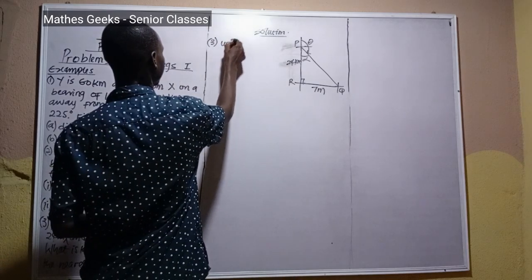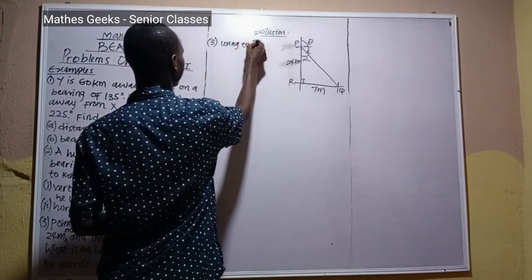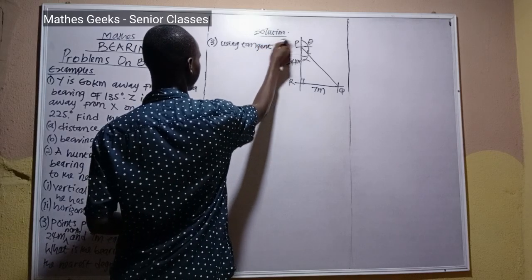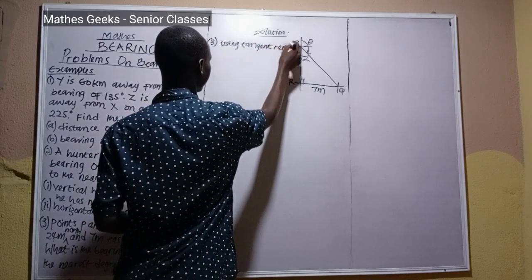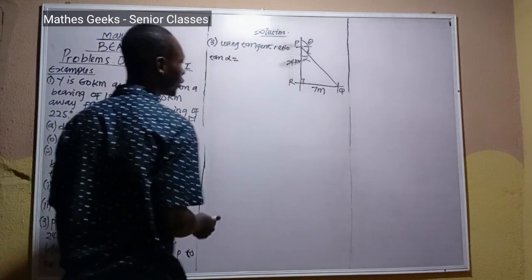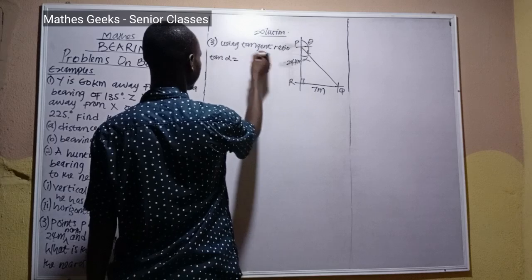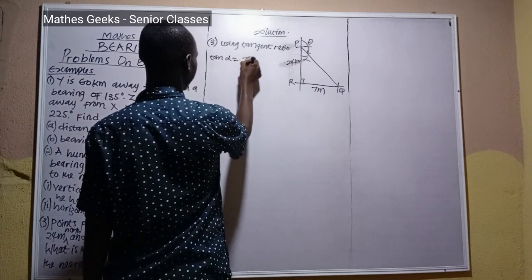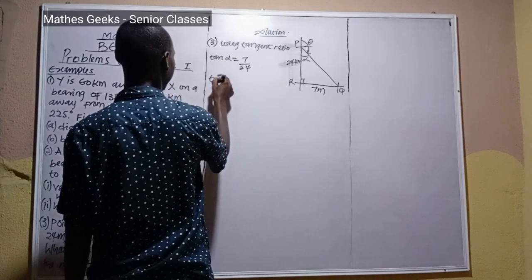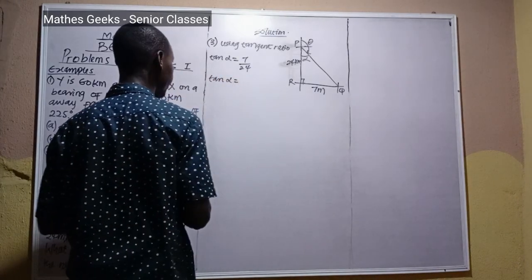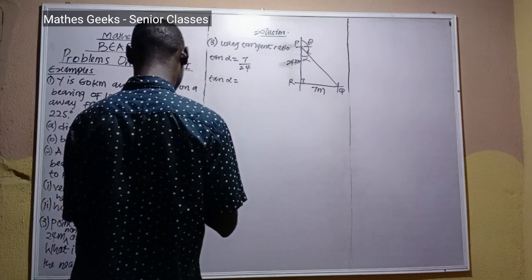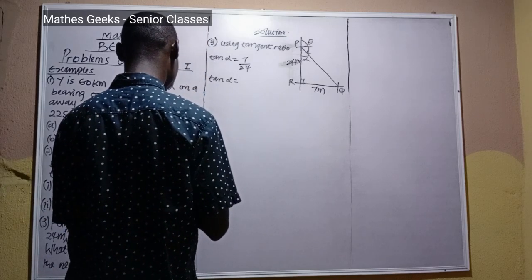Using the tangent ratio, we're going to say tan alpha is equal to opposite, which is 7, over adjacent, 24. So tan alpha is equal to 7 divided by 24.